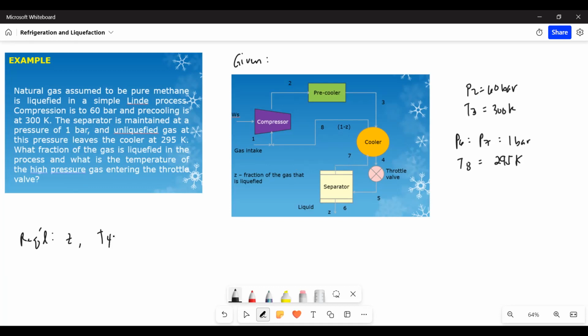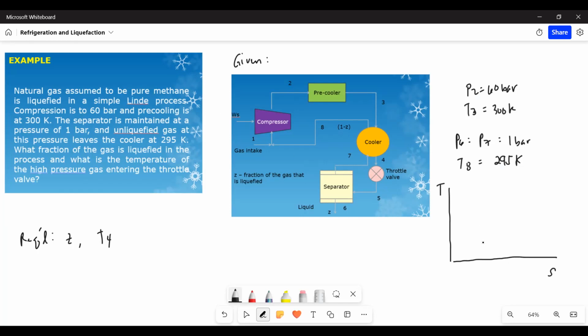But before we proceed with the solution, let's try to draw the TS diagram using methane.